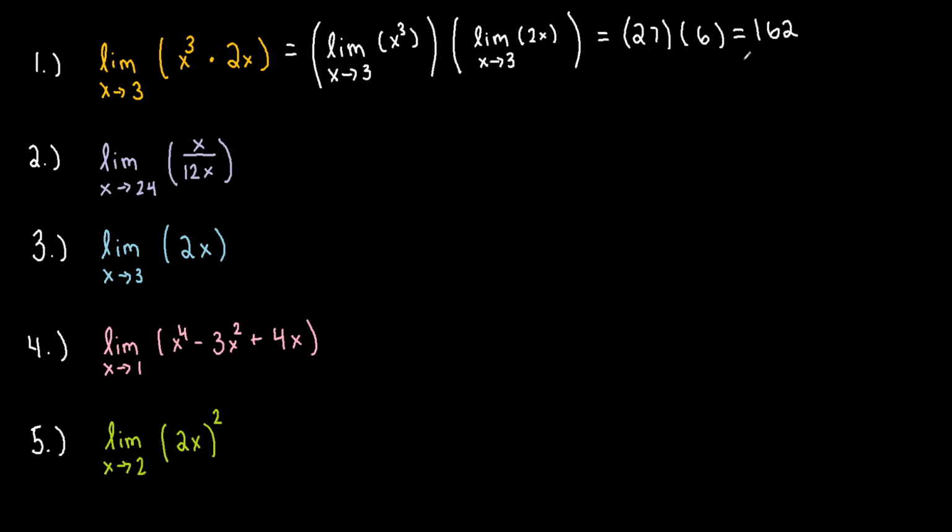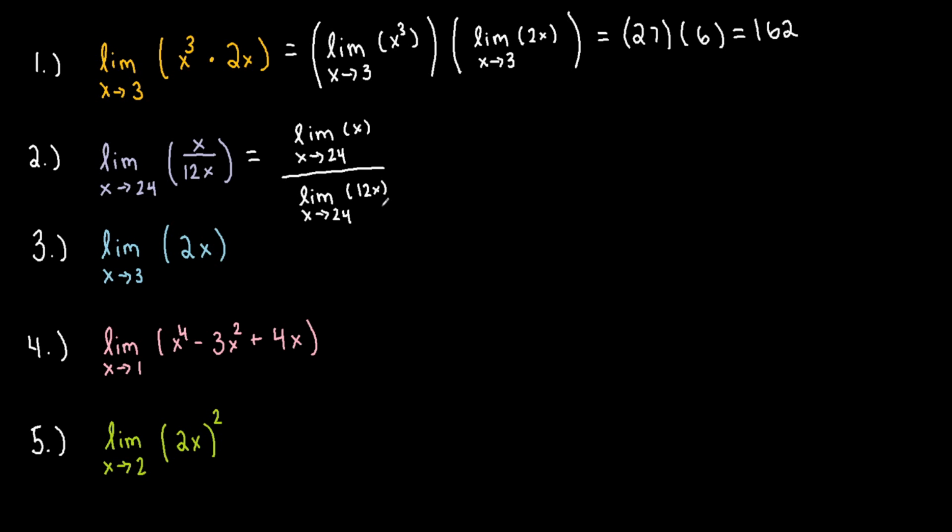Now let's solve the second problem. For the second problem, we have the limit of x divided by 12x as x approaches 24. So we can use the quotient rule. So this will equal the limit of x as x approaches 24, all divided by the limit of 12x as x approaches 24.